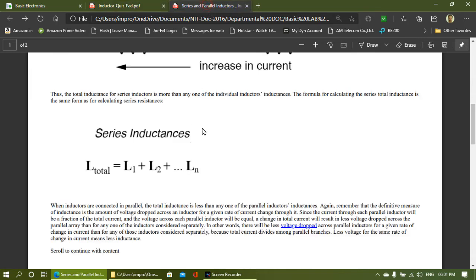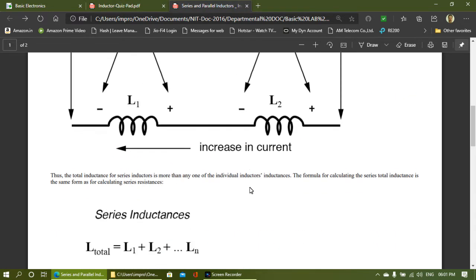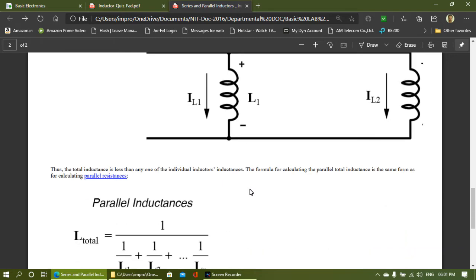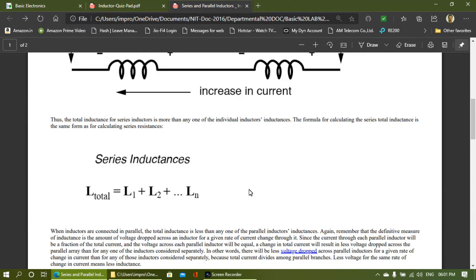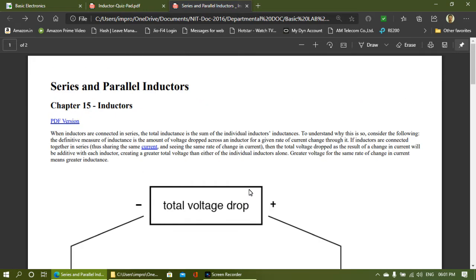So let's see first what will happen if the inductances are connected in parallel. First go through this page where it is very clear: series and parallel inductance. When inductors are connected in series, the total inductance is the sum of the individual inductances.